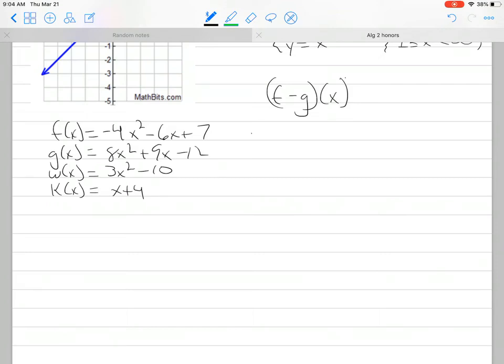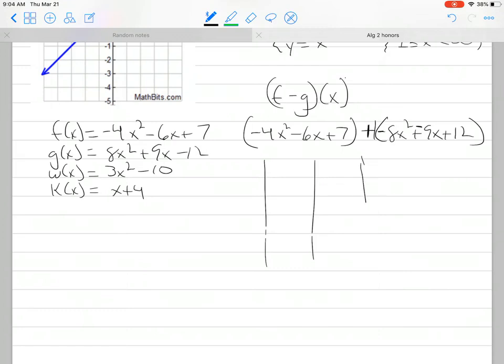So I say f of x is negative 4x squared minus 6x plus 7, take f minus g, 8x squared plus 9x minus 12. And remember, we want to actually distribute this -1 so it actually becomes a positive, and then everything else switches the sign, negative, positive.